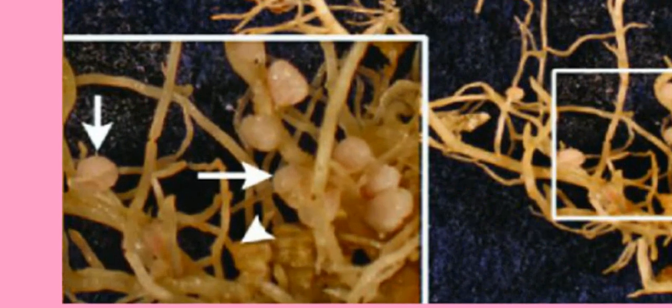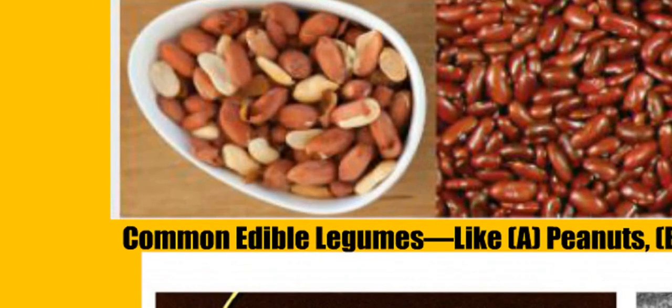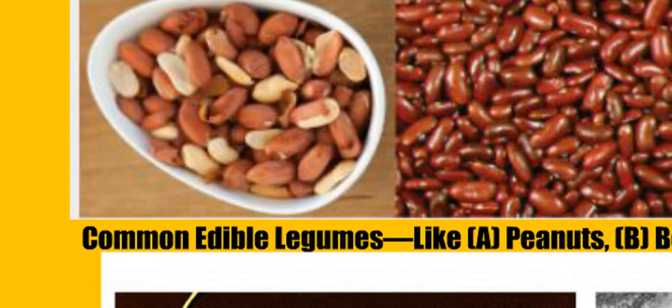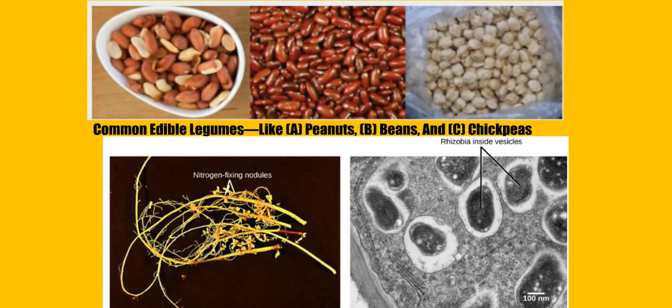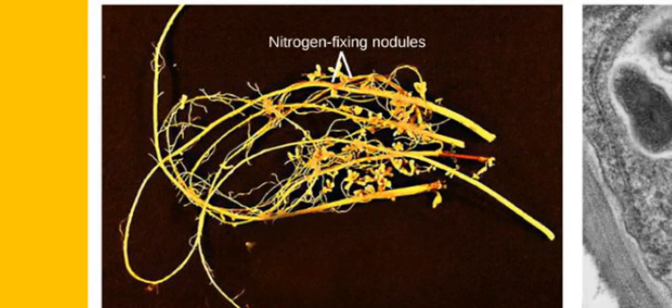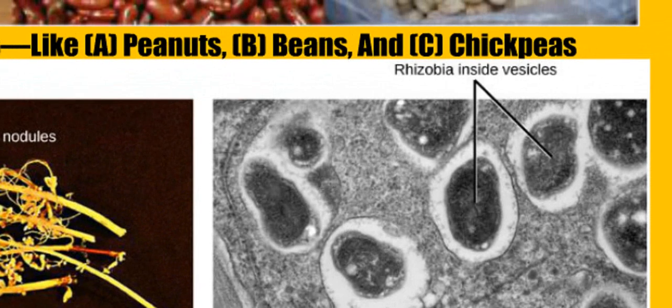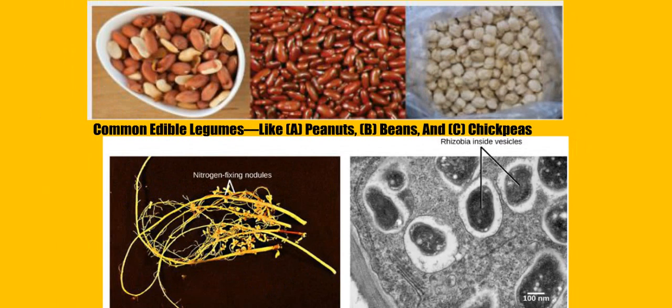In these root nodules, the soil bacteria, which is rhizobium, is present. Here we can see some common edible legumes like peanuts, beans, and chickpeas, and their root nodules. You can see rhizobium inside these root nodules.